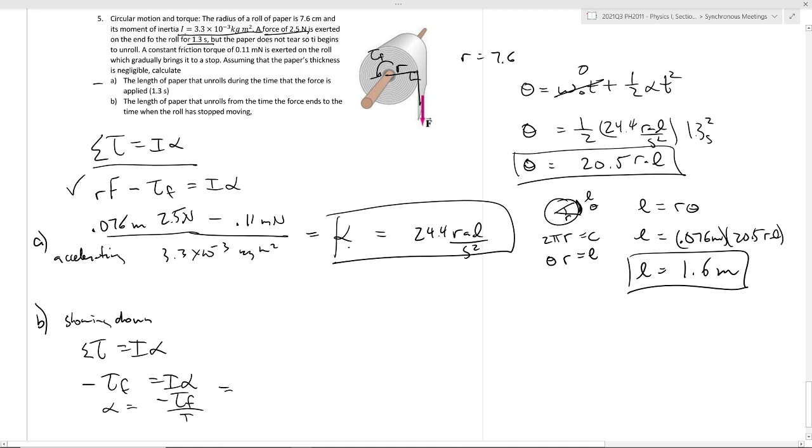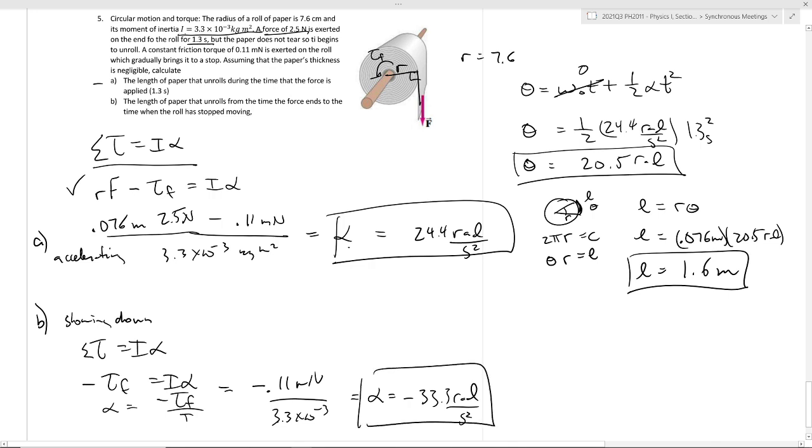And so when we crunch that, that's just going to be this negative 0.11 over. We find that alpha in this case is negative 33. So this is speeding up. This is when it's slowing down.